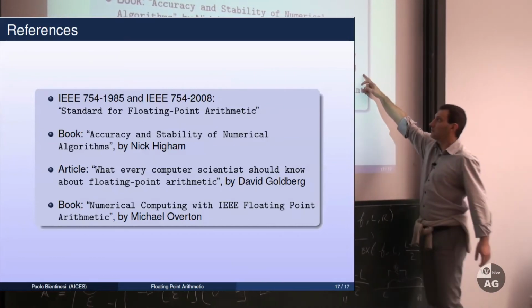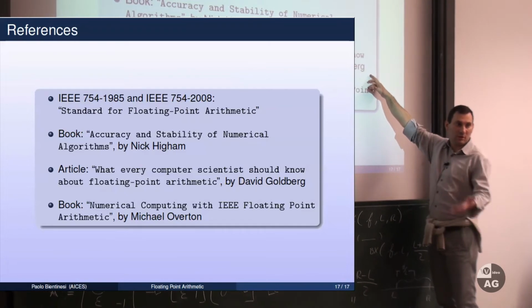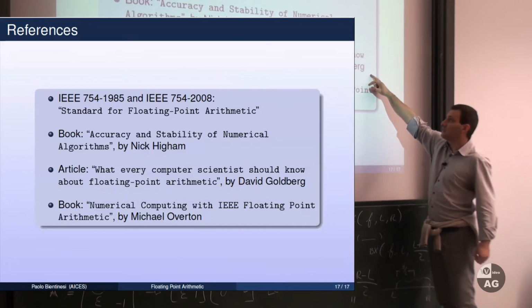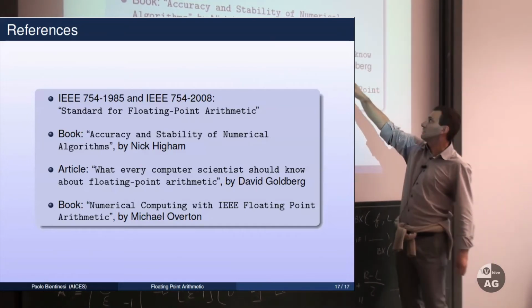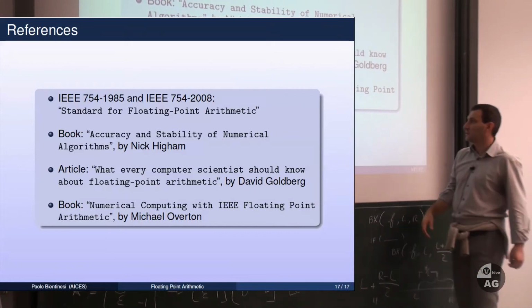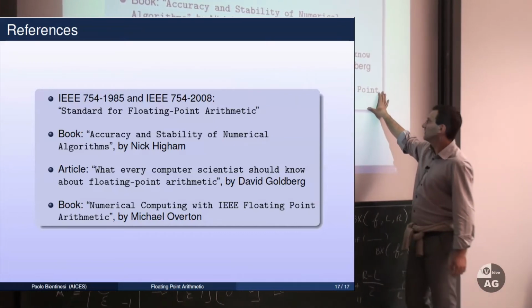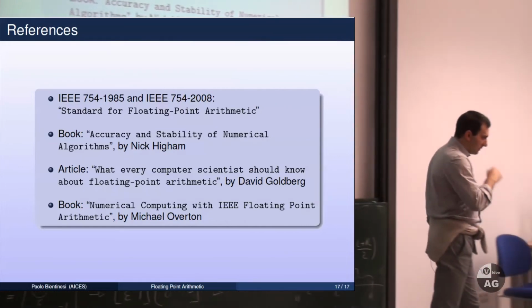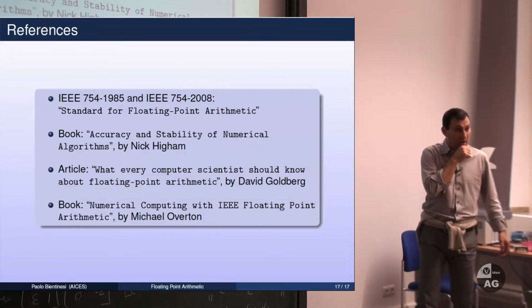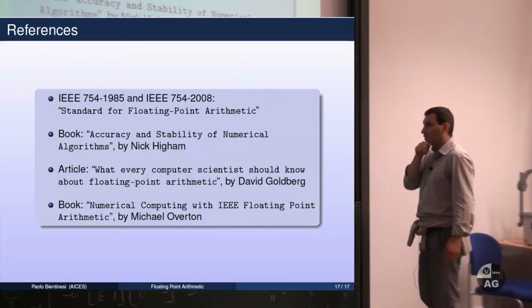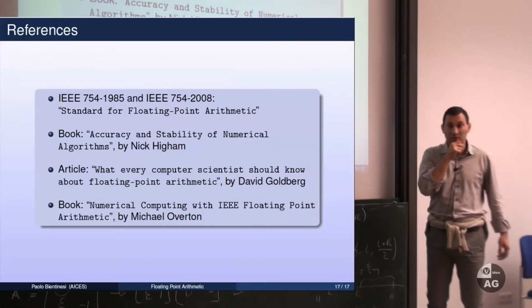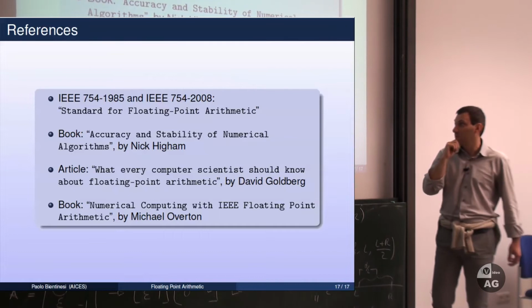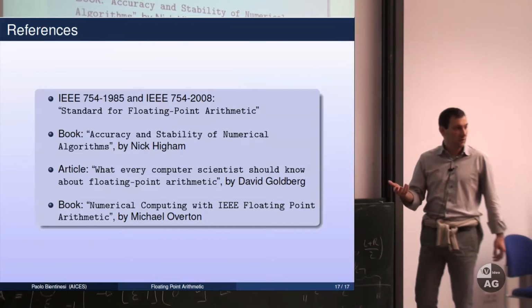This article actually covers most of what I have told you guys, what every computer scientist should know about floating point arithmetic. There is a nice book by Michael Overton. Then there is Velvel Kahan in Berkeley. He pretty much is the god of floating point arithmetic.